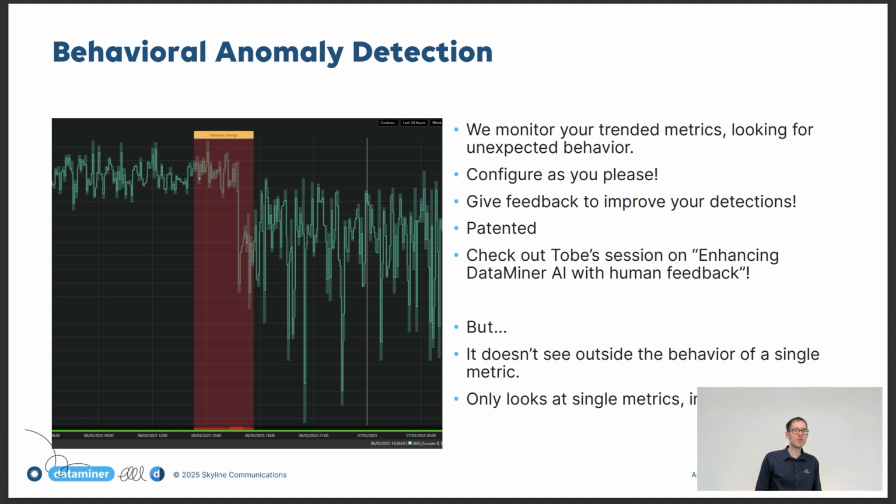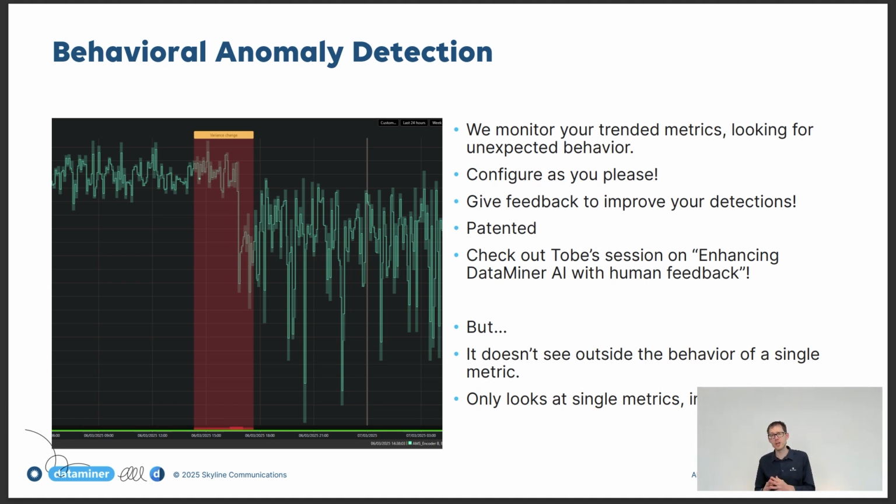Now, before diving into relational anomaly detection, let's take a step back, start slowly, and talk about the behavioral anomaly detection algorithm that has been in DataMiner for about 8 years now. Voila. Here you see a slide about behavioral anomaly detection.